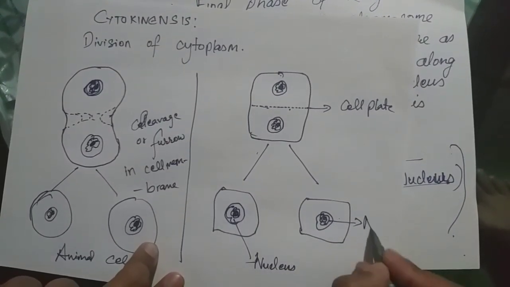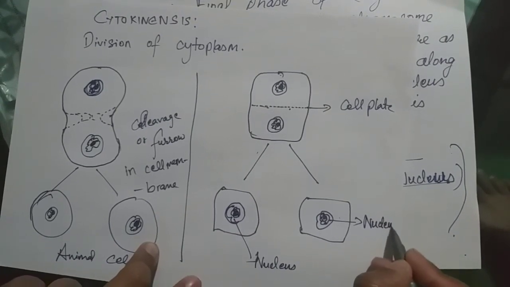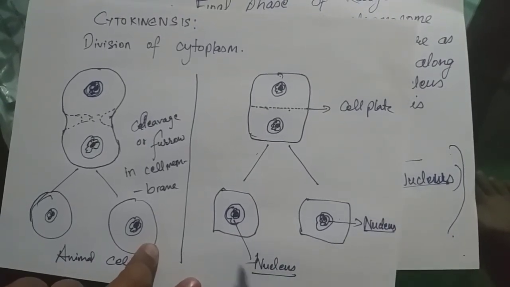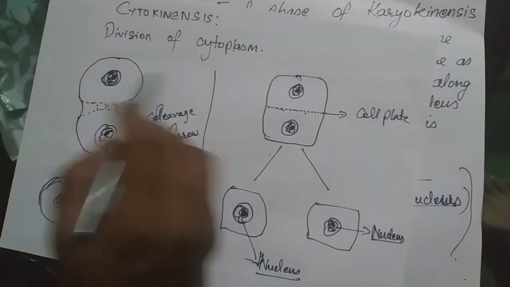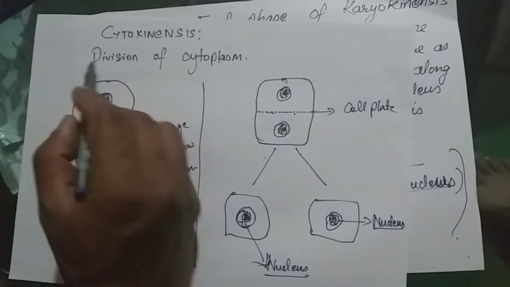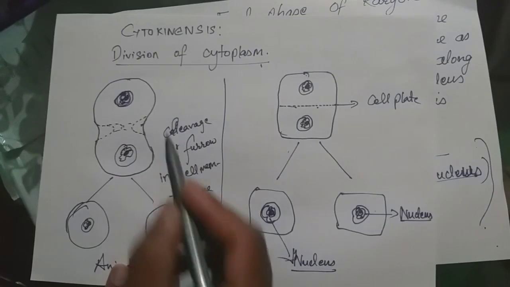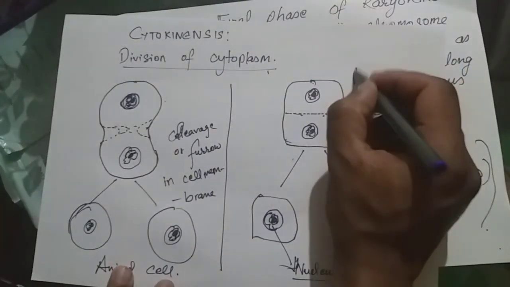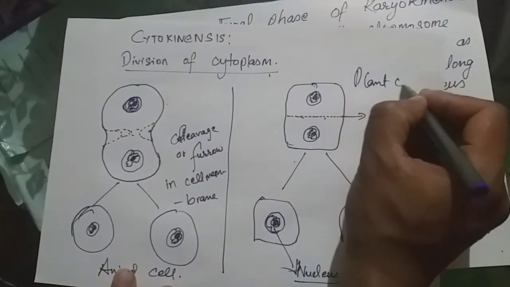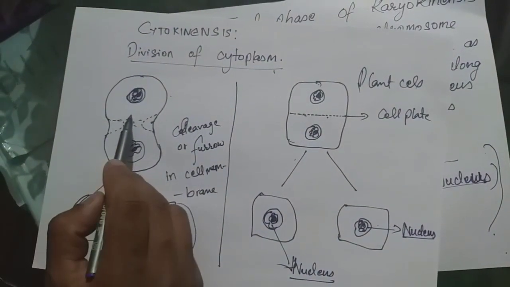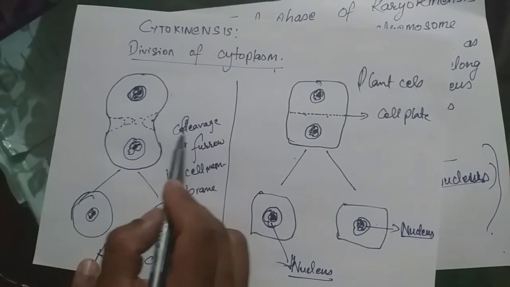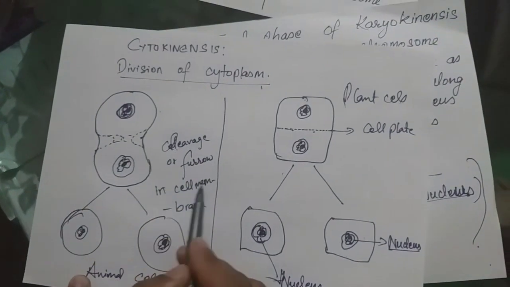I've just made a rough diagram. You can refer to any book and make a proper diagram in your notebook. Okay, so this was about cytokinesis. Cytokinesis is the division of cytoplasm. In animal cell, the division of cytoplasm takes place by the formation of cleavage or furrow in cell membrane.